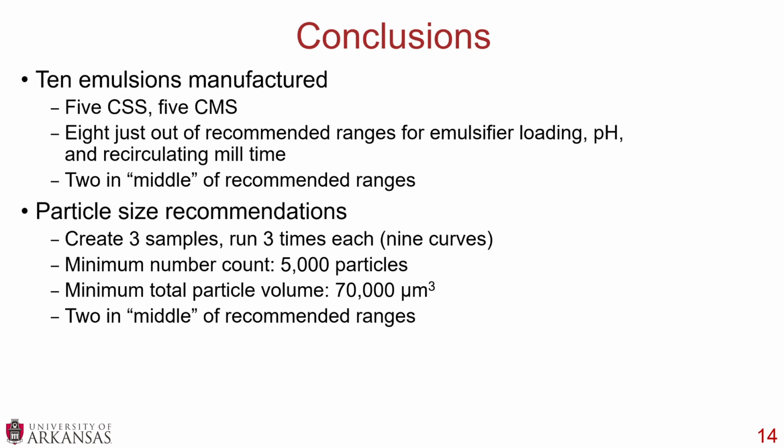We recommend a minimum number count of 5,000 particles and a minimum total particle volume of 70,000. This is what we believe gave us the most representative and consistent particle size distributions. And we also have those 2 in the middle of the recommended ranges that really helped us hone in on what were the appropriate number of runs, the minimum number count, and the minimum total particle volume.